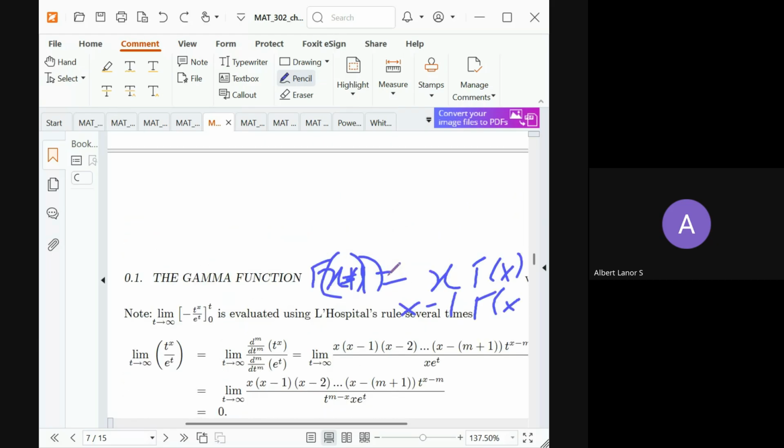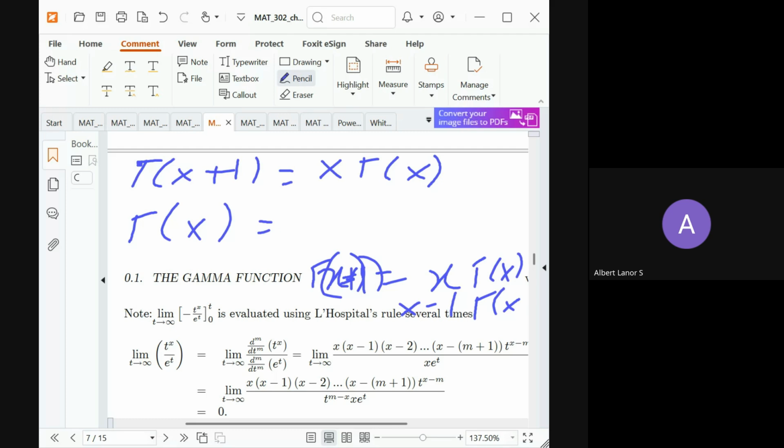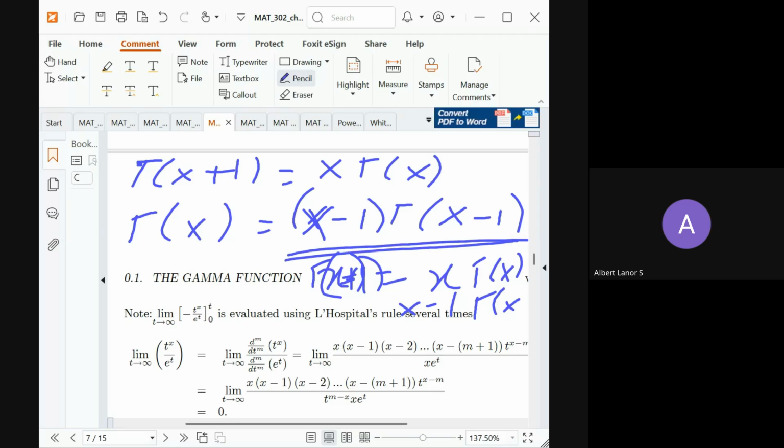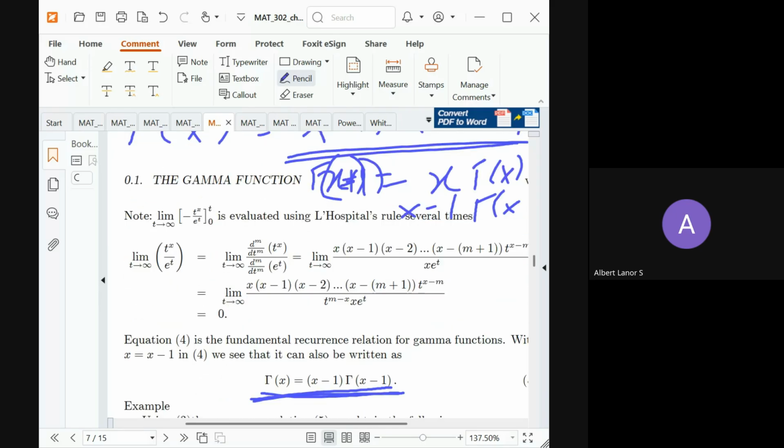So let me write it as gamma of x plus 1 is equal to x gamma of x. Then, if I subtract 1 from all of them, I'll have gamma of x is equal to x minus 1 times gamma of x minus 1. So if you know a previous one, you can get the next one by multiplying by x. But if you also know the next one, you can get the previous one by dividing by x minus 1.